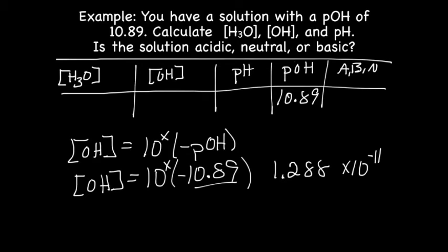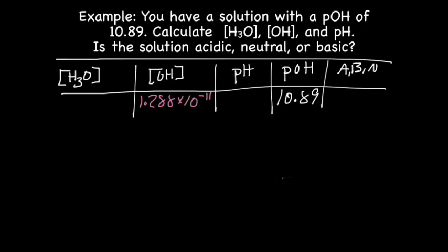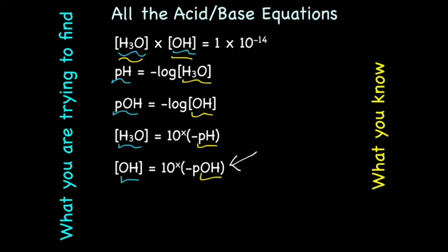So we have 1.288 times 10 to the negative 11. Okay? So now we know pOH and OH. So let's see what else we can use. We know pOH, but we've already used this equation to find OH.